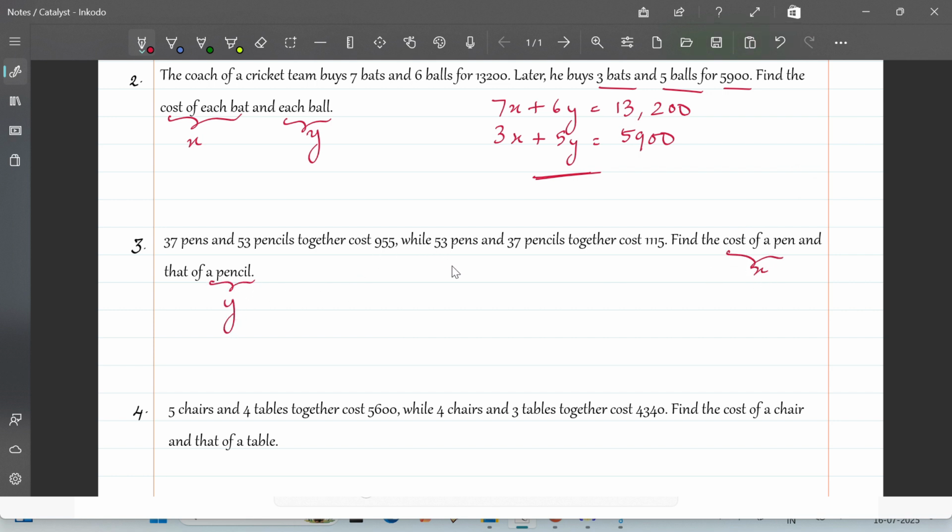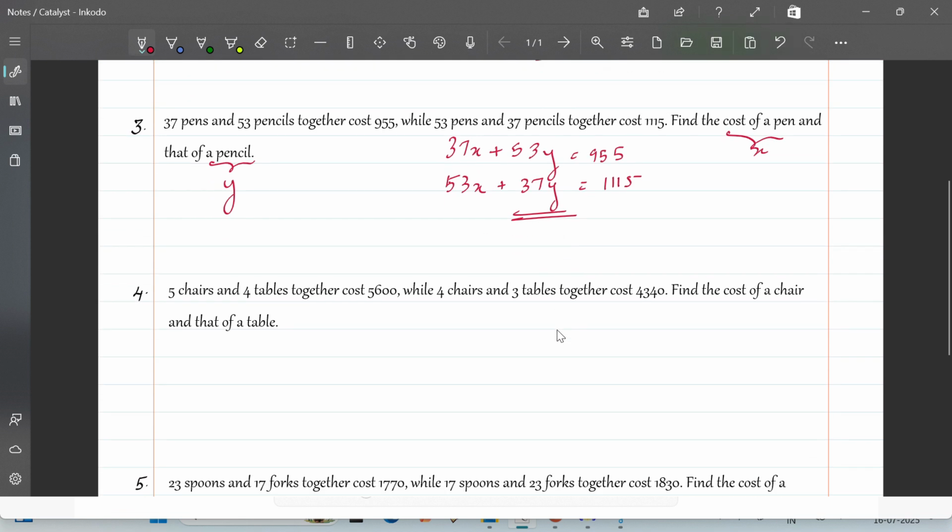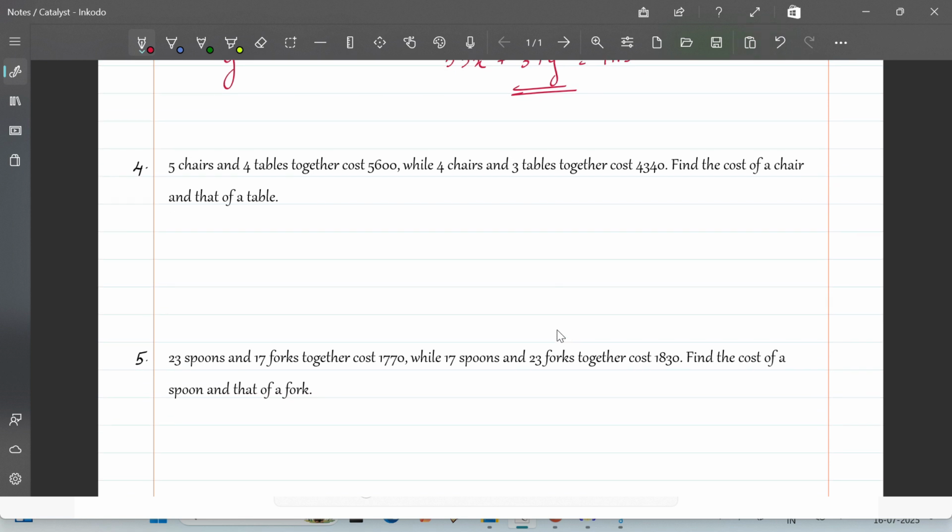So the equation will be 37x plus 53y equal to 955 and 53x plus 37y equal to 1115, which you have to solve to find the value of x and y. I hope that is clear, and this is one of the simplest problems. I'm sure every one of you watching this video would have told the answer before I had written it on the board.